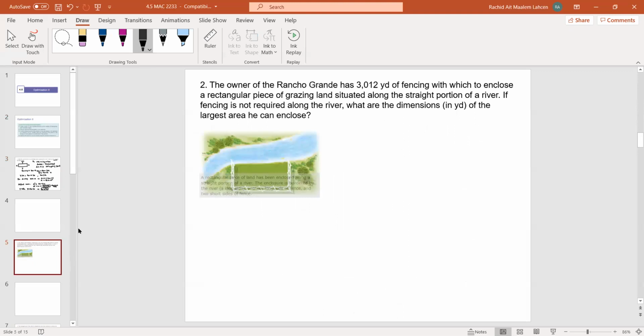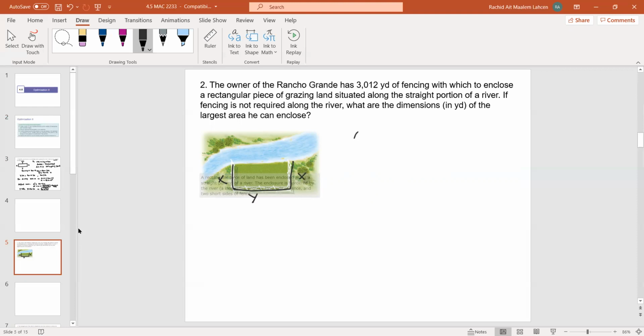Let's look at another example. We have an owner here that wants to fence this with 3012 yards of fencing. And as you see, there are three sides to fence. If we call this x and x, this is going to be y.